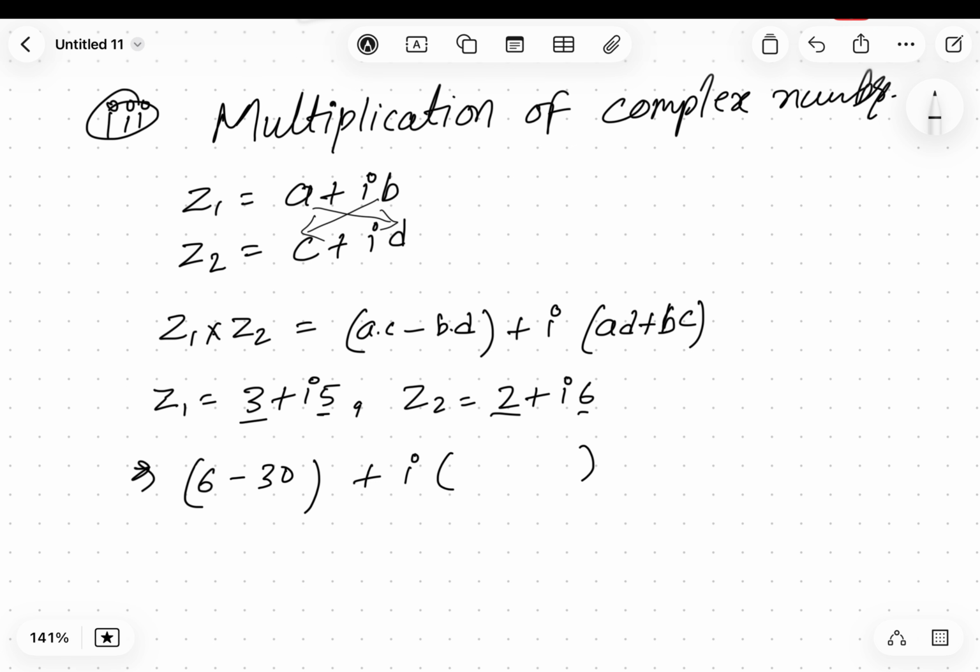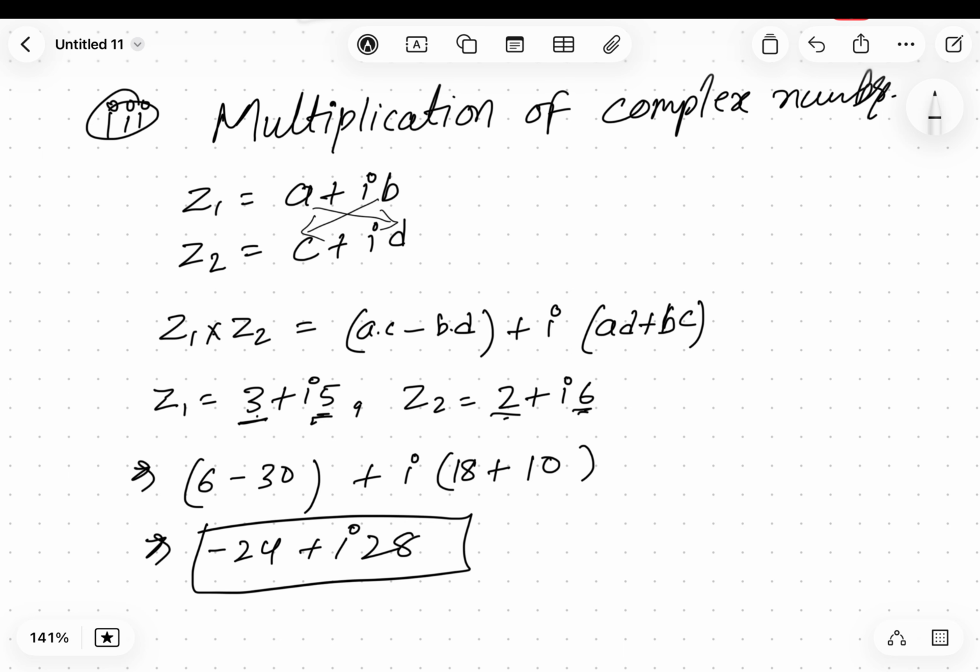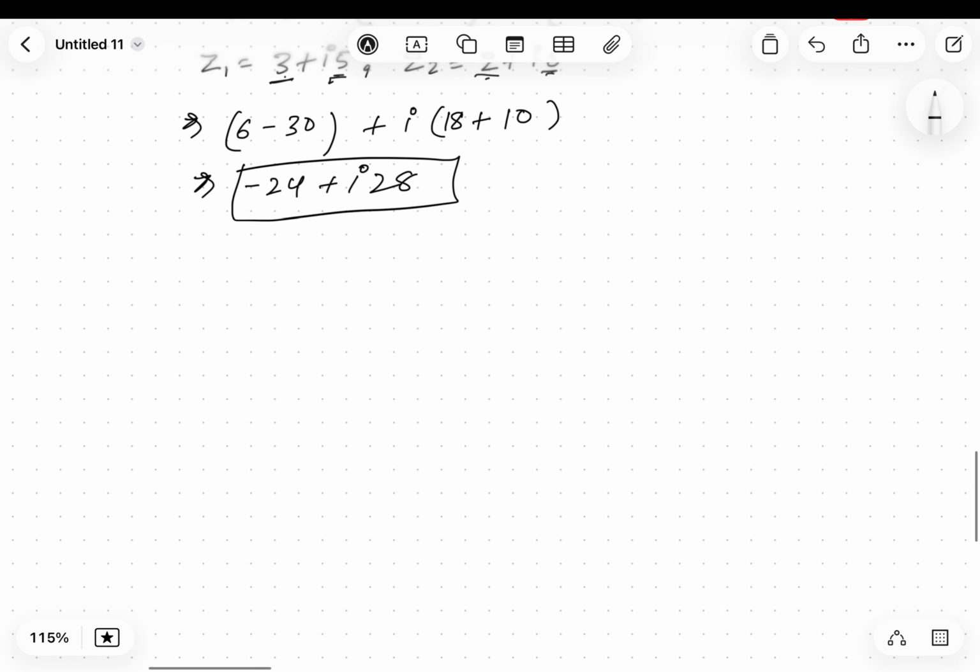Now again we will do the cross, so ad, that is 18, plus 5 into 2, that is 10, so it will be minus 24 plus iota 28, and this is the answer.